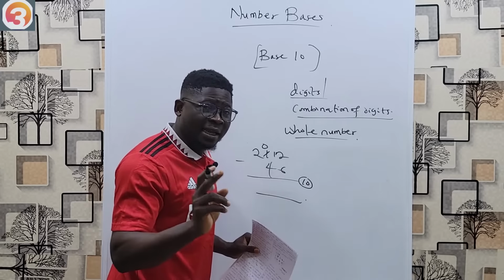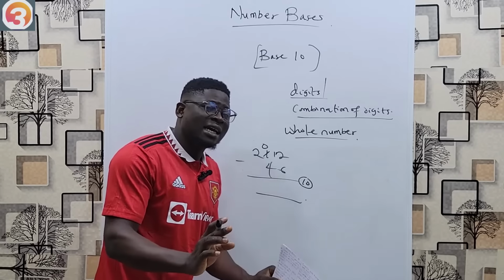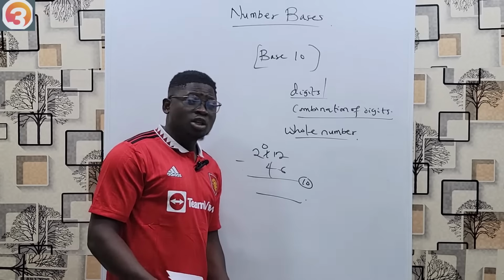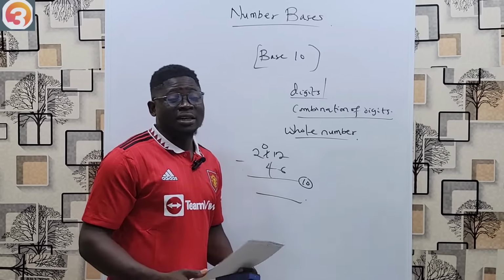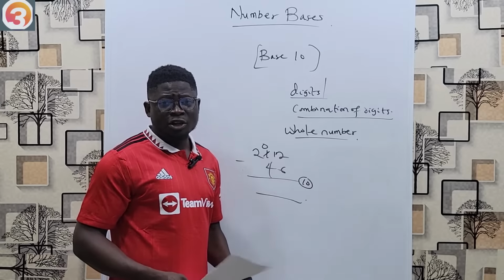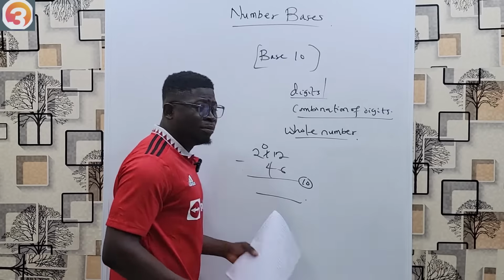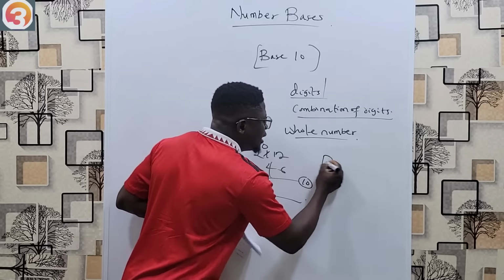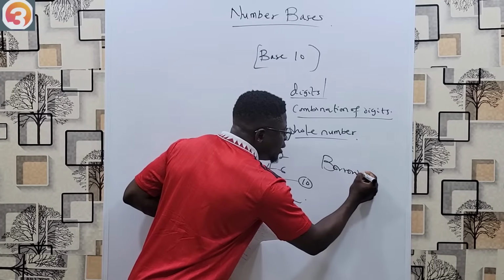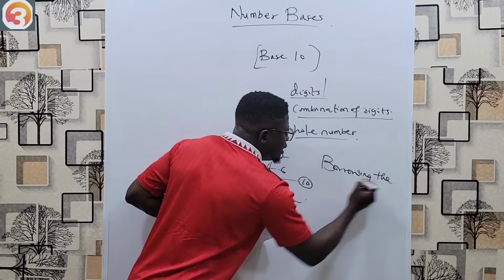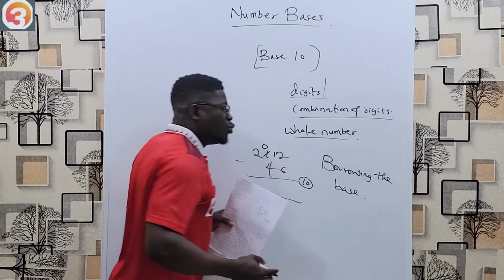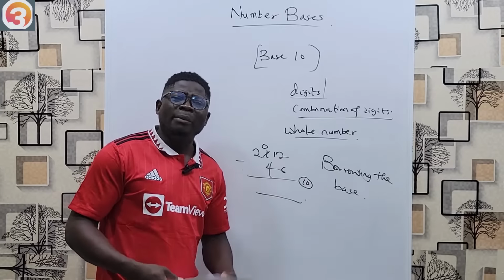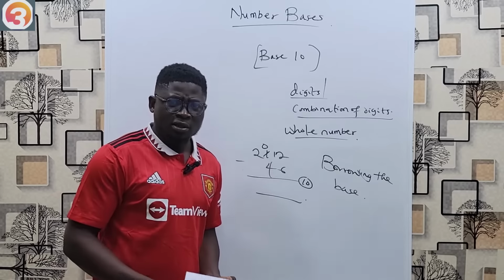Because we are in base 10, I want you to understand addition and subtraction very well in number bases. With this, you will not have any problem when it comes to addition and subtraction in number bases. So actually, what are you borrowing? You are borrowing the base. Let me write it out so that you get it very well. When you borrow in operations in number bases, you are borrowing the base.